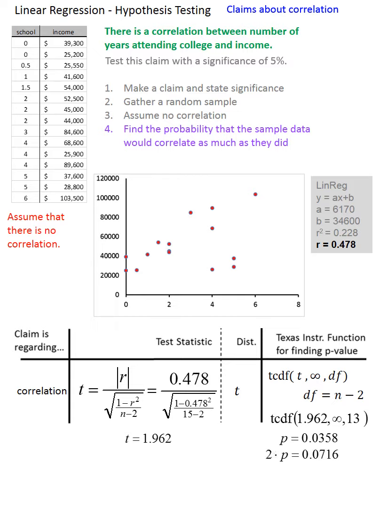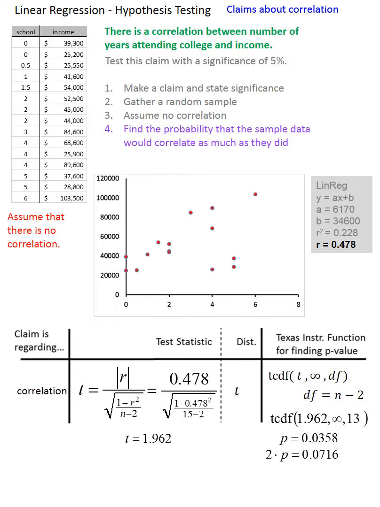What I'm going to do is I'm going to double that. Why? Because while there's a 3.5% chance the correlation coefficient could have been 0.478 or higher, there's an equal, by symmetry, an equal chance that it could have been negative 0.478 or lower.